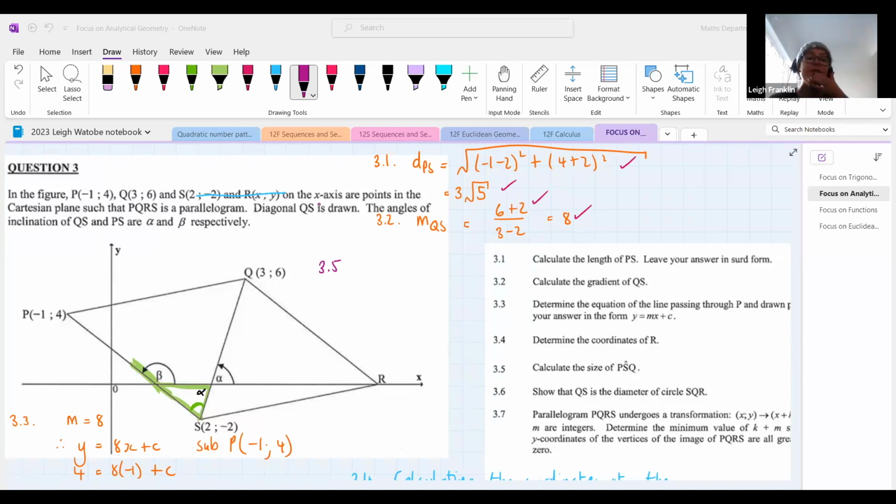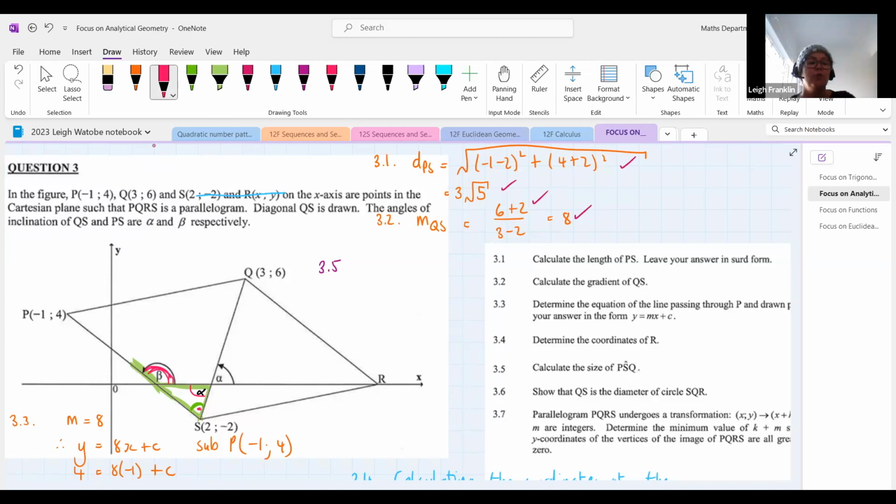When they want you to calculate an angle between two straight lines, it's often from the exterior angle of a triangle. So the triangle I've highlighted in green, if I add together alpha and this one that I'm trying to calculate, those would be the two opposite interior angles, which would add up to the exterior angle, which is beta, which you've already got.